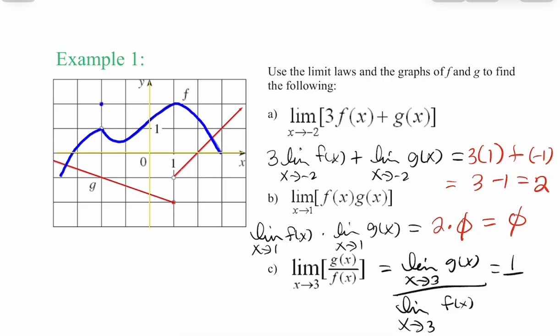In our f function, that's in blue, what height are we approaching? We are only doing it from one side. So there are times where they will just give that one-sided limit, but technically it doesn't matter because we're approaching 0 anyway, and we can't divide by 0. So no matter which way we slice it, that one is undefined.